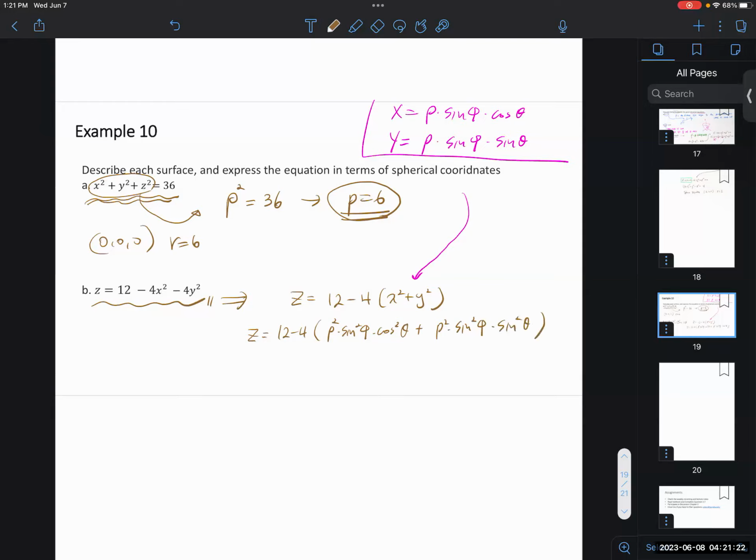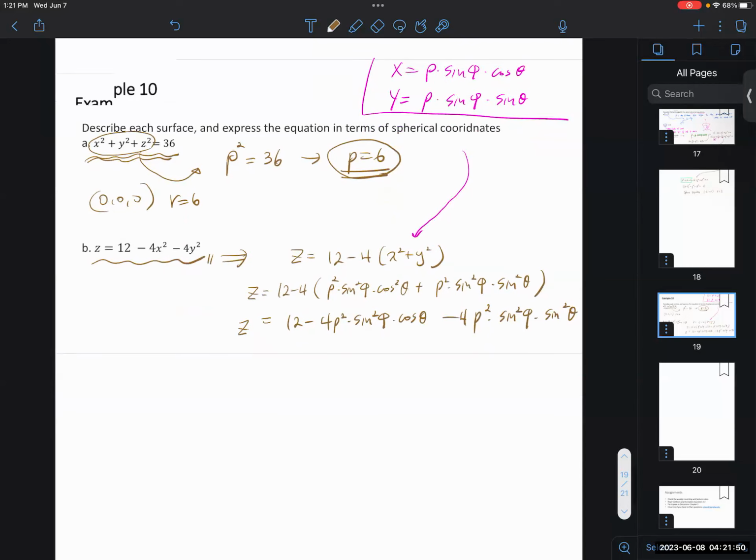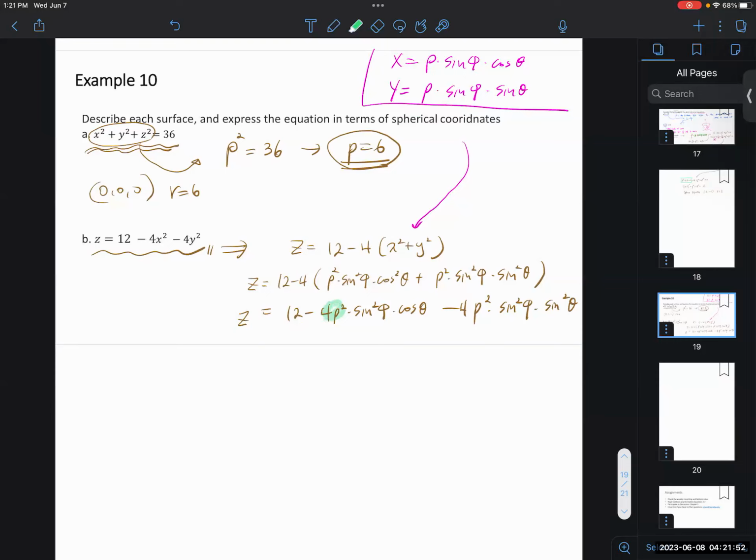So now you can expand everything. So z equal to 12, 4 p squared sine squared phi cosine squared theta, minus 4, because negative 4 is a distributive property, so negative 4 p squared sine squared phi sine squared theta. Correct? And then I can combine like terms.